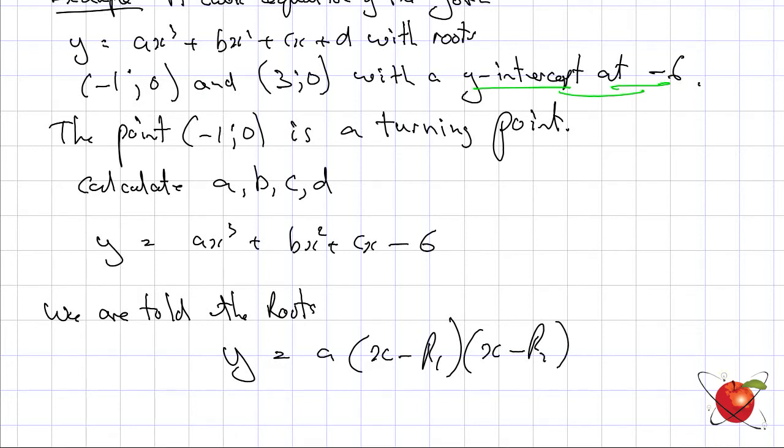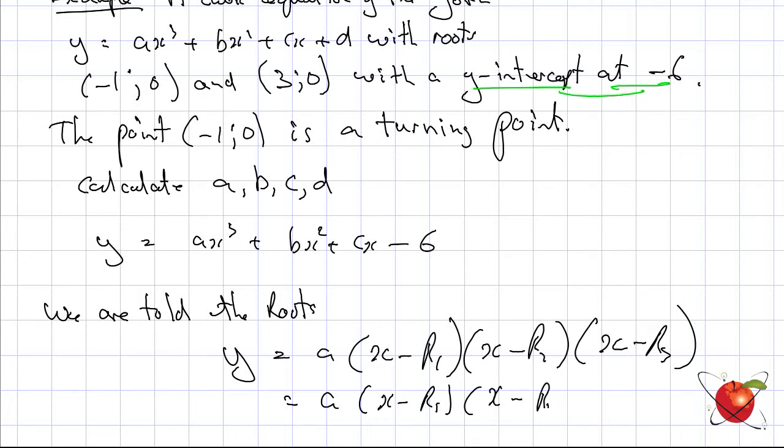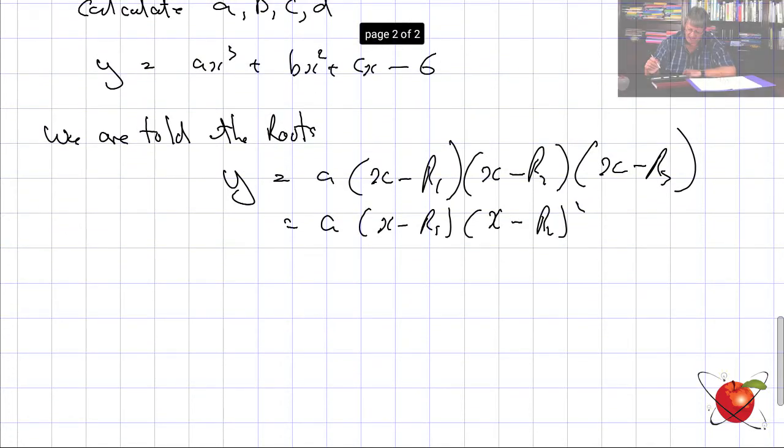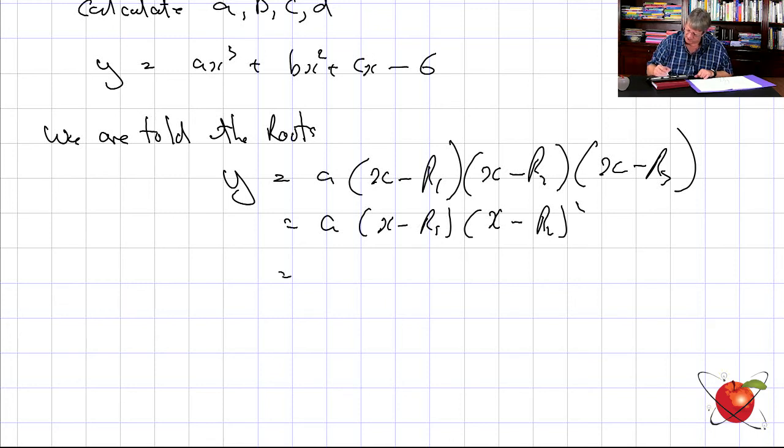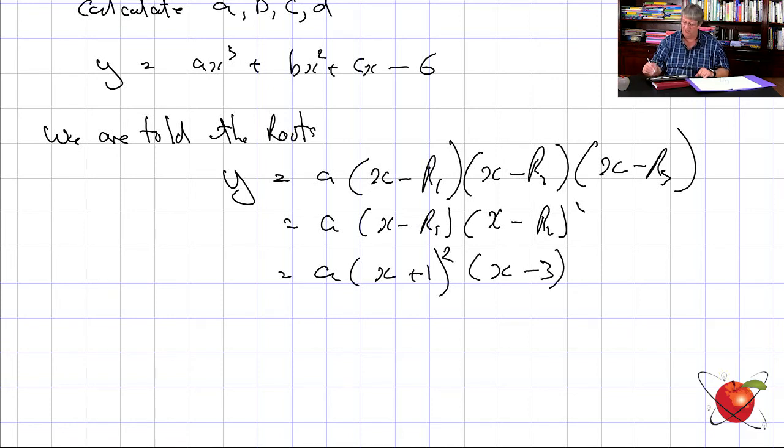Now remember, I'm going to say x minus root 3, or a times x minus root 1, x minus root 2 squared, if that's the turning point. And they told us that it is. This is a, x plus 1 all squared and x minus 3, because they've told us minus 1 and 0 is a stationary point.